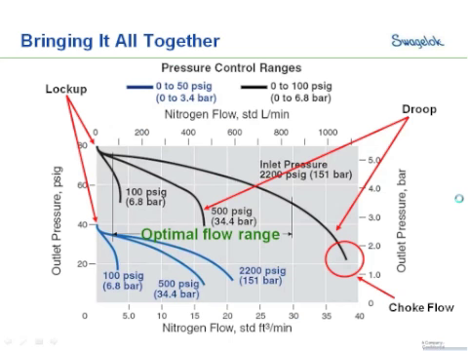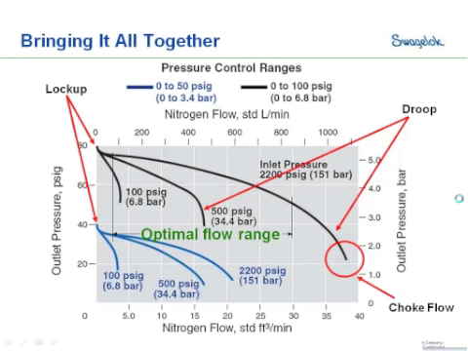Can you minimize droop, and if so, how? Droop in a regulator is a function really of the mechanical construction of the regulator. So it's something that we have to deal with in the regulator. It's not something that's easy to eliminate. But to minimize droop, you can go from a spring-loaded regulator to a dome-loaded regulator.